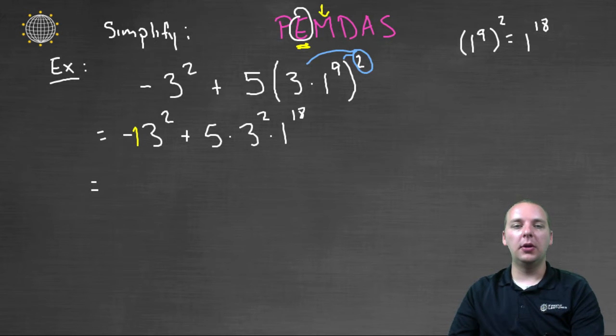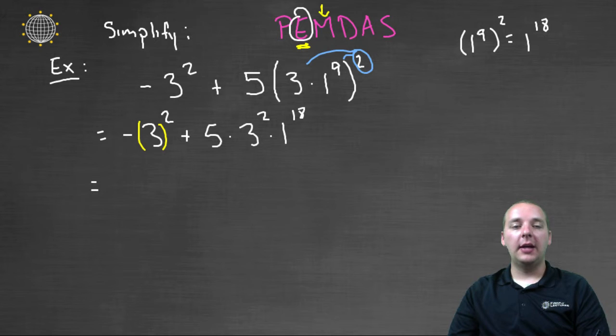And that's so important to understand. To say it another way, there is no understood grouping of the negative with the 3. That's not there. The only parentheses, if you wanted to put some, would be around 3 squared.